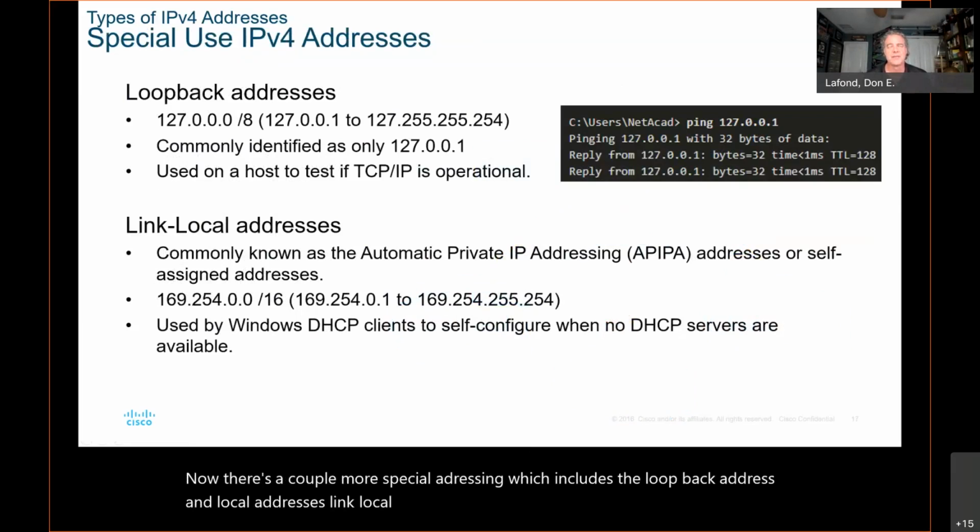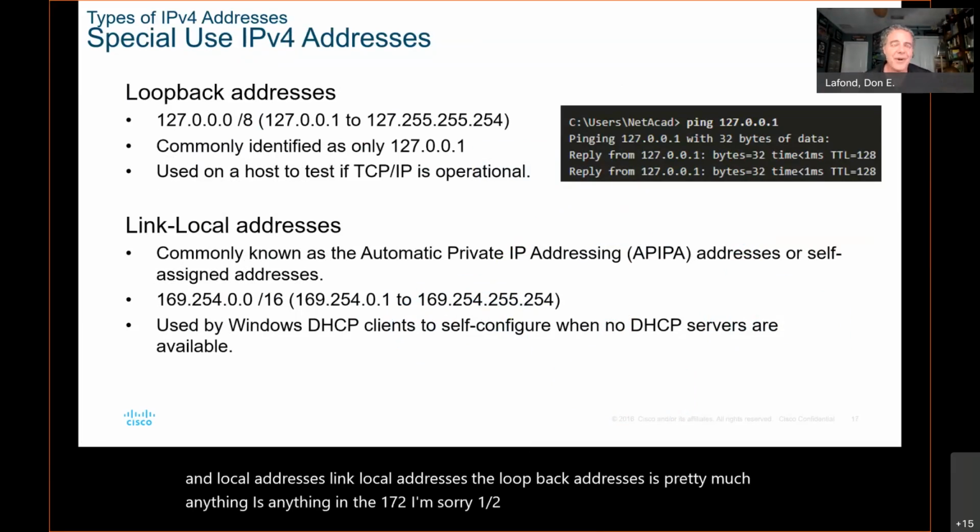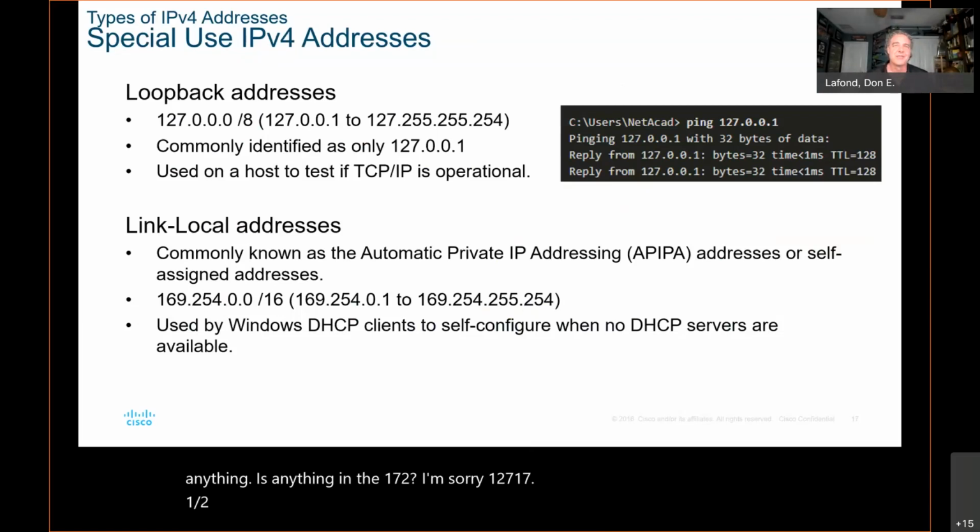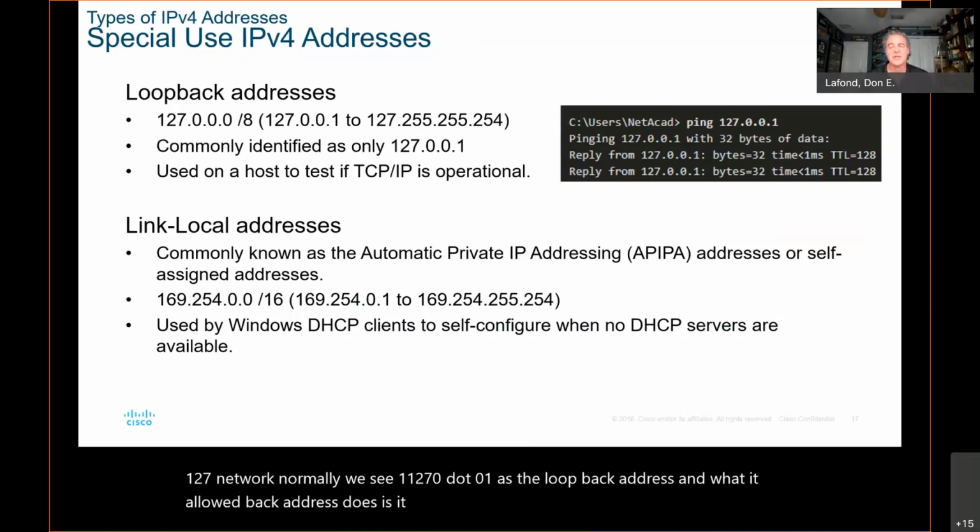The loopback address is pretty much anything in the 127 network. Normally we see 127.0.0.1 as the loopback address. And what a loopback address does is it allows a computer to ping its own IP stack.